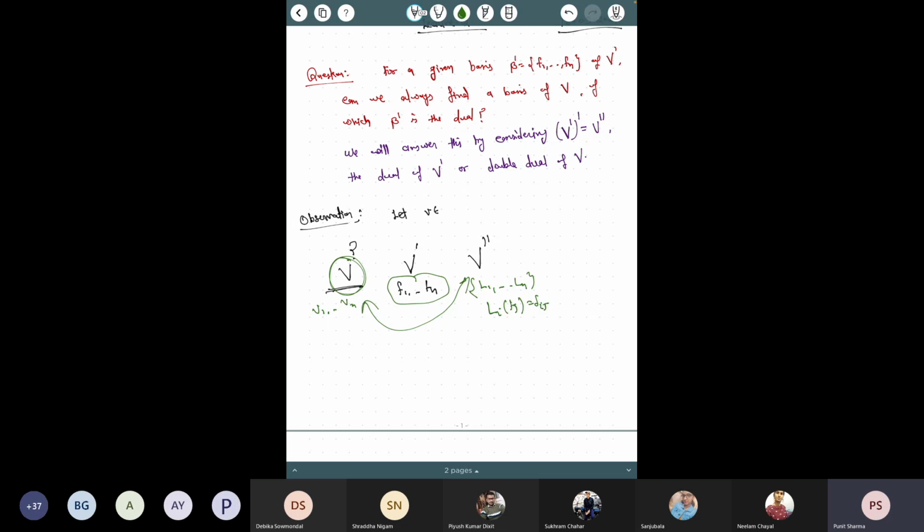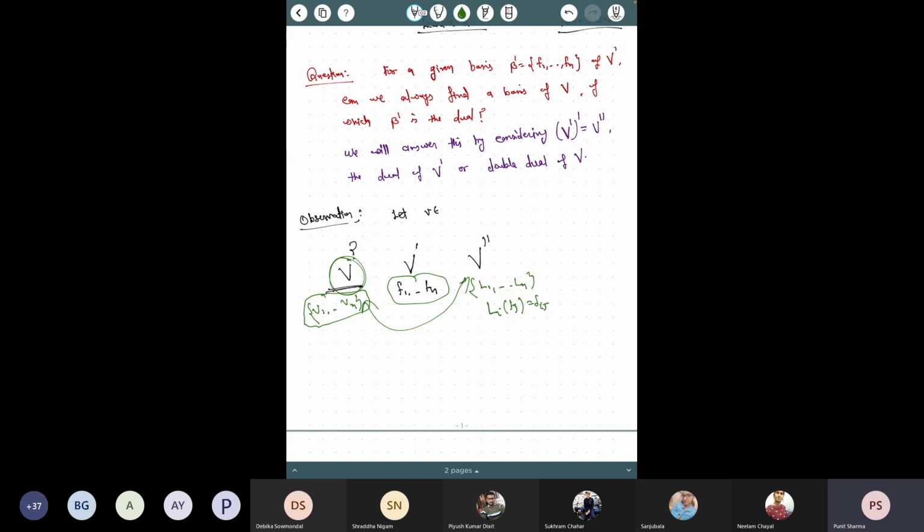Then at least I will have some choice of vectors V1 to Vn, and then I will see whether these vectors, which I have generated using some isomorphism between V and V double dash, can solve our purpose.